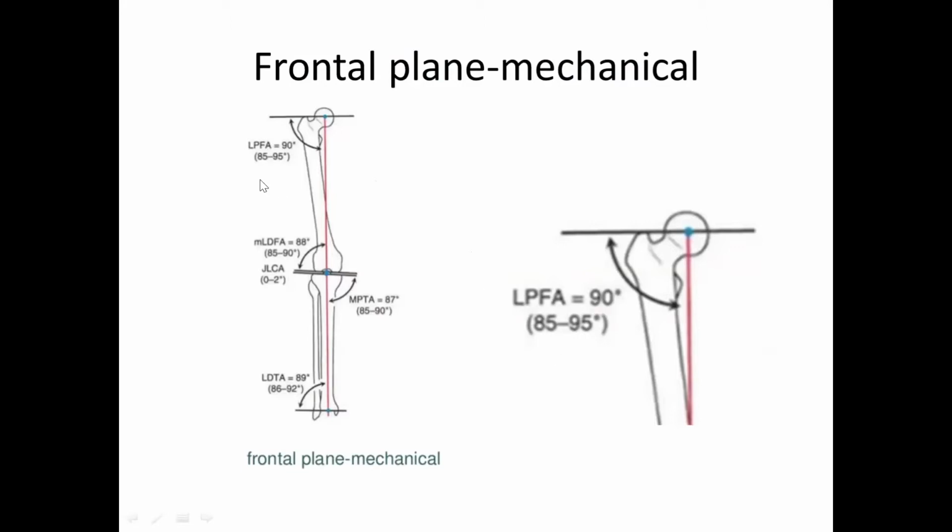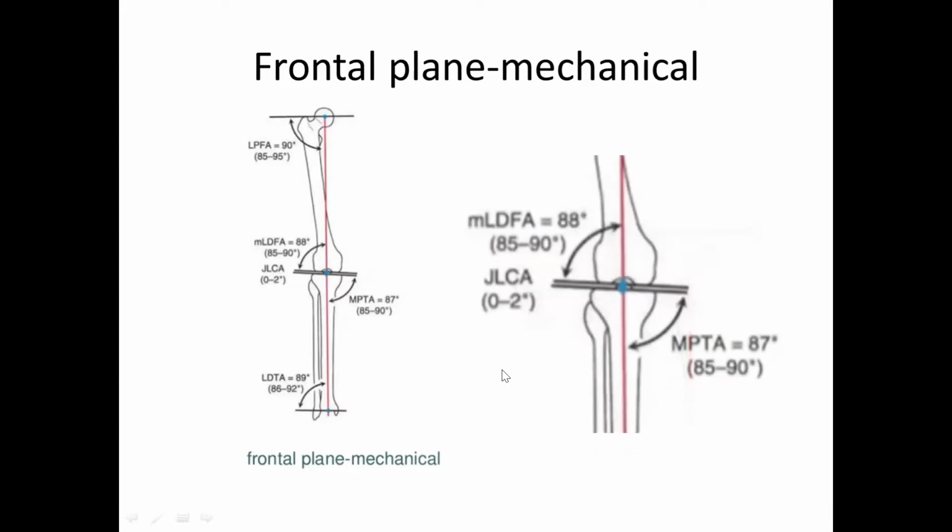This is again LPFA, lateral proximal femoral angle. If you try to use the terminology, these things are not very difficult. This I already showed. Mechanical axis, lateral distal femoral angle, it is around 88 degrees. It ranges from 85 to 90 degrees.